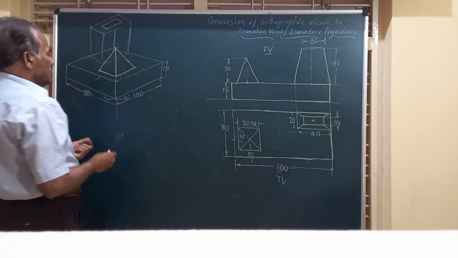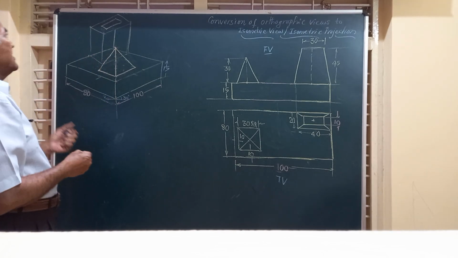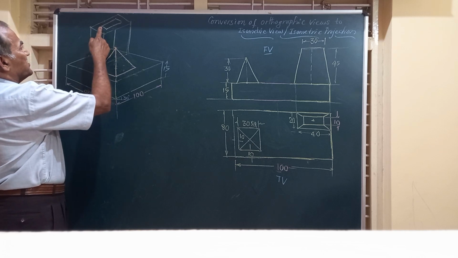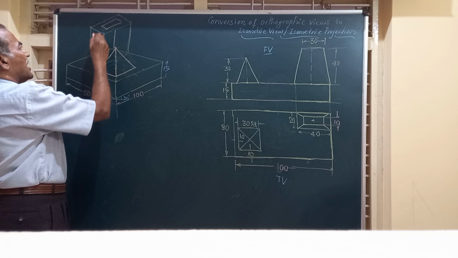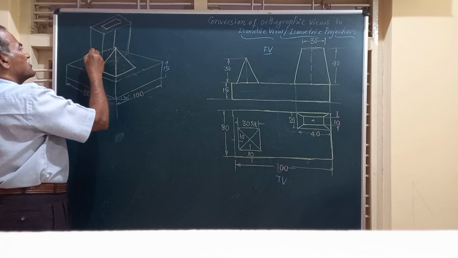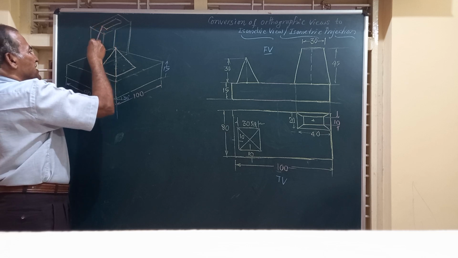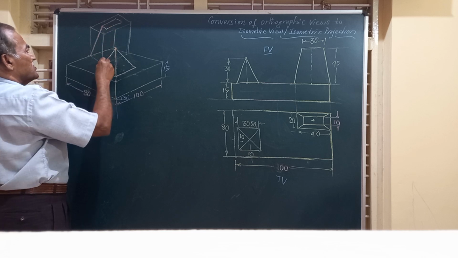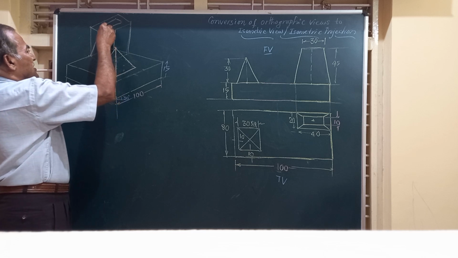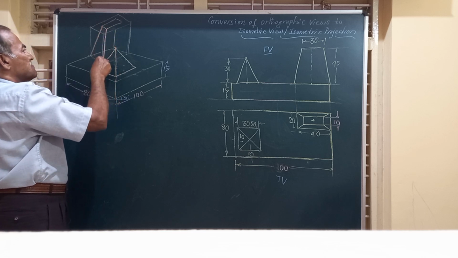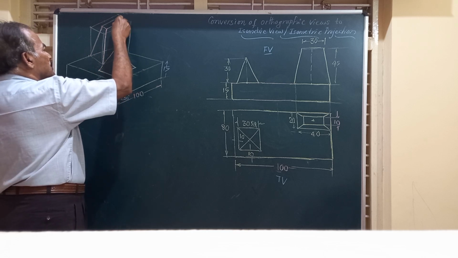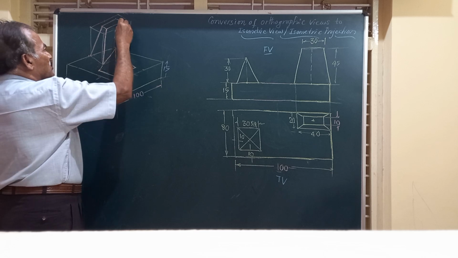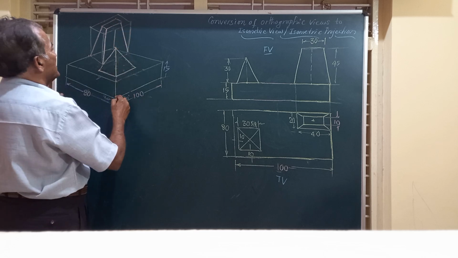Friends, here we have to join the corners of the top face to the bottom. So friends, I am going to join this to this by a dark line, this to this by another dark line, and here this is to be joined to this corner by another dark line, passing through that.